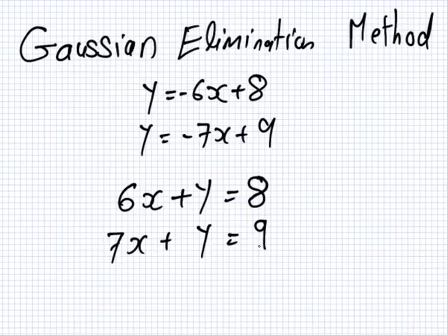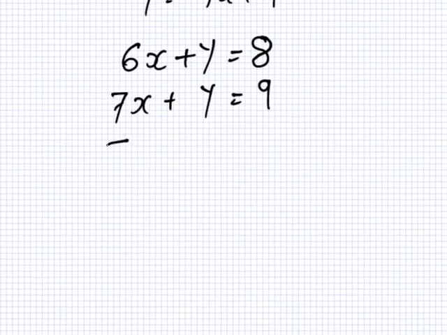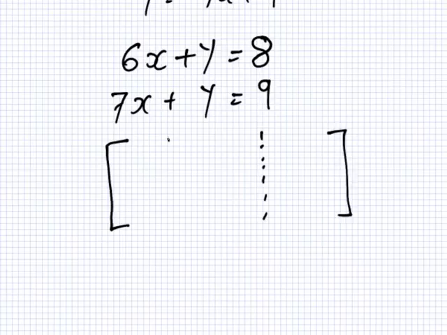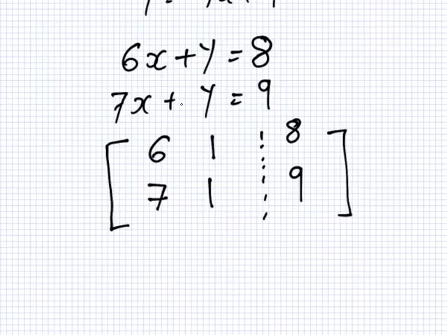And then you put it in a block like this: 6, 1, 7, 1, 8, 9, because there's a 1 and 1 here. Can you write that bit down? And a little bit of vocabulary: this is called row 1 and this is called row 2.